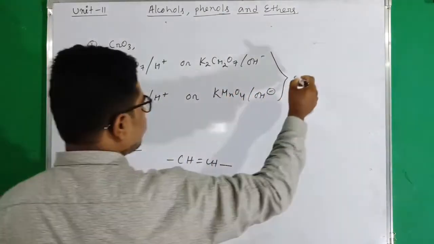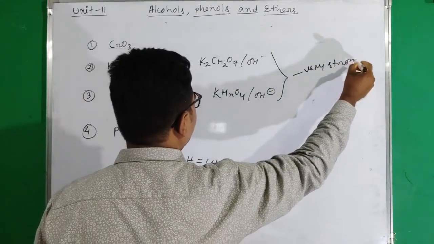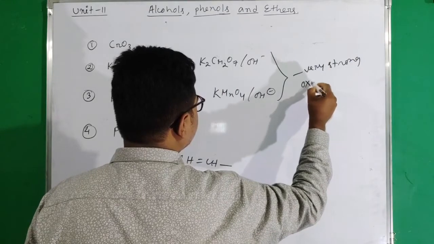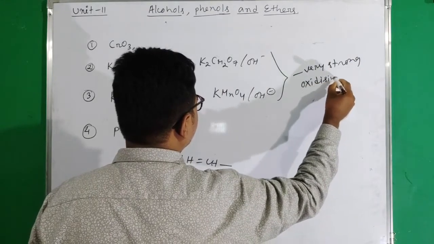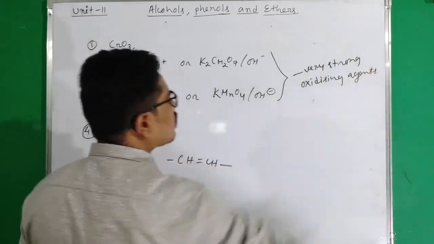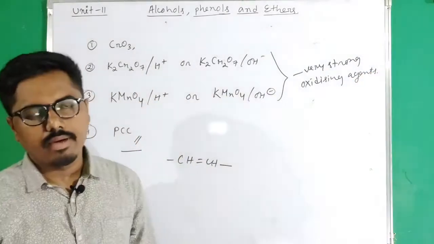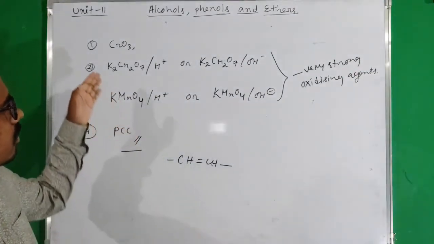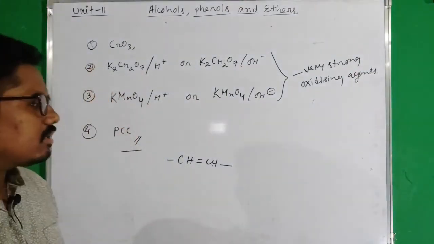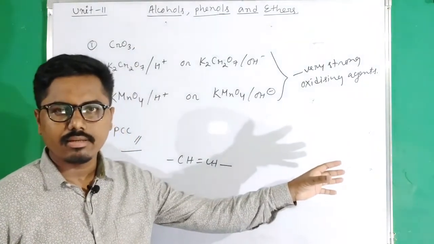agents are very strong oxidizing agents. These are very strong oxidizing agents, and when we will use these two oxidizing agents, then primary alcohols are finally converted into carboxylic acid.